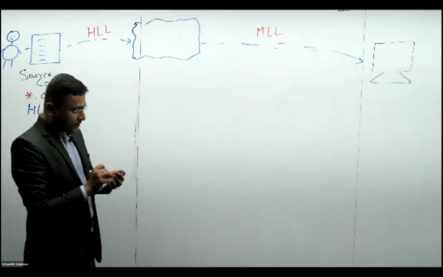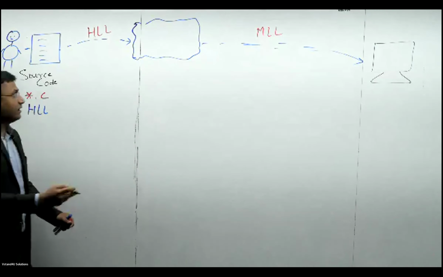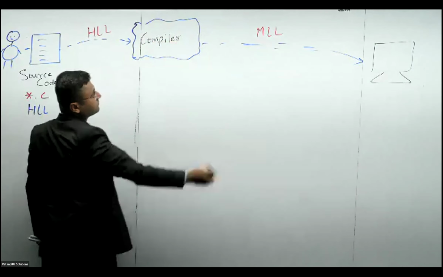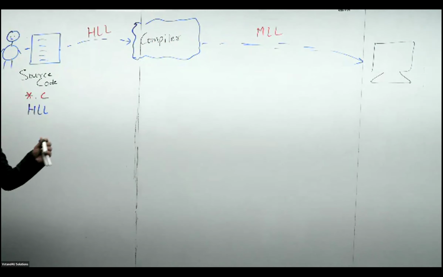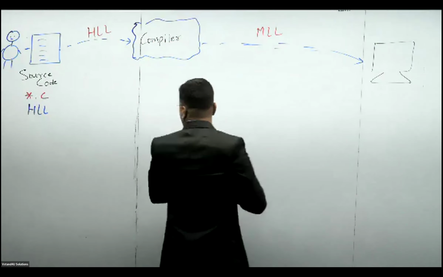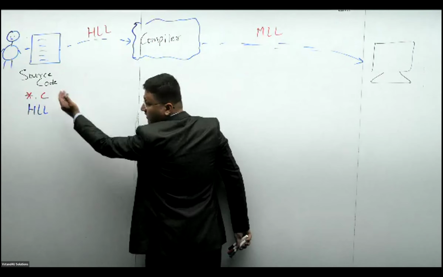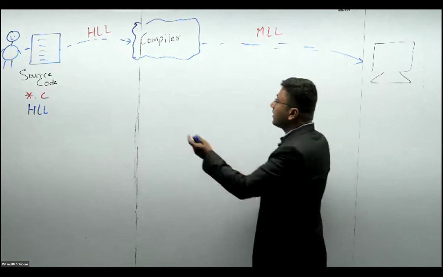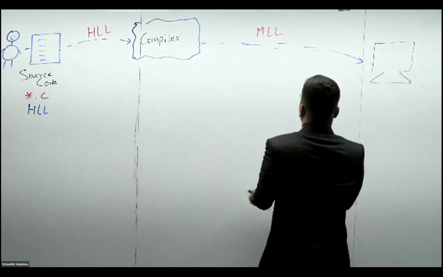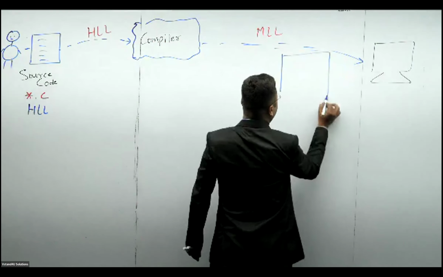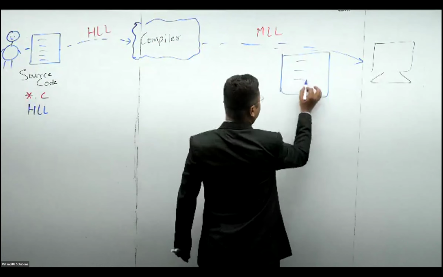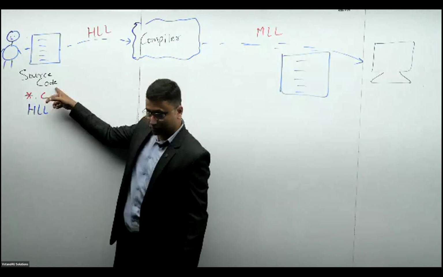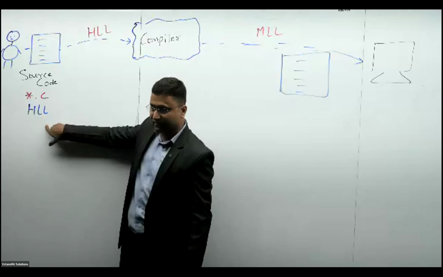Who is this component called, sir? Louder. Compiler. Am I right? After processing, this file was .c. After compilation, the compiler has produced a file of what extension? I repeat, source code .c is in high level language.